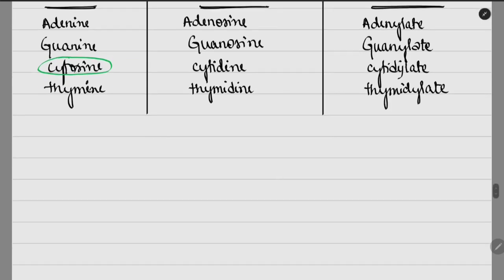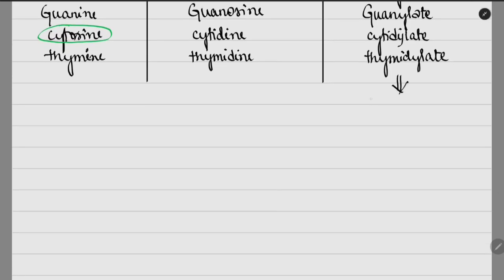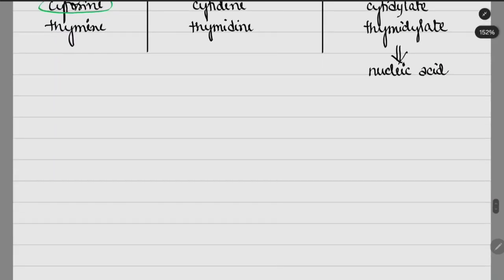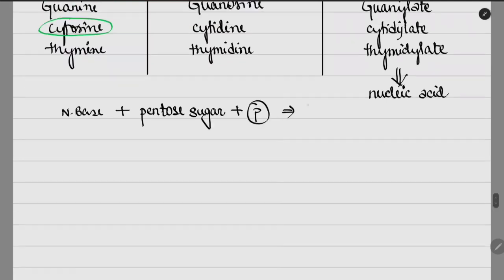Okay. And these nucleotides finally form the nucleic acid. So here, nitrogenous base plus pentose sugar plus the phosphate group forms the nucleotide.